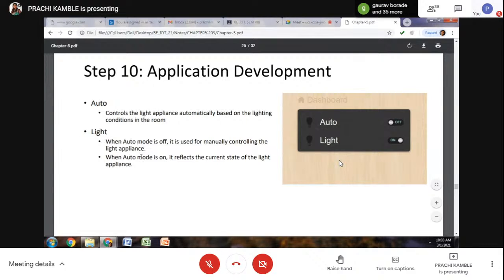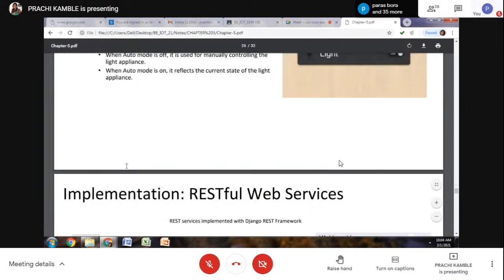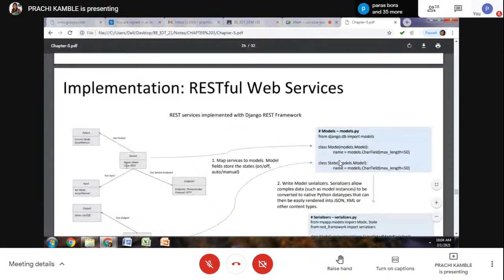And if you click here, it will be manual mode. This is the dashboard. Light is used for manual control of the light appliances when this is in auto mode. When auto mode is on, it reflects the current state of the light appliances as per the block diagram.